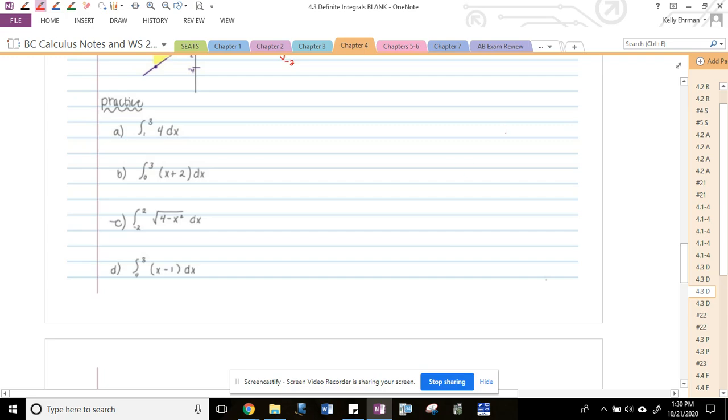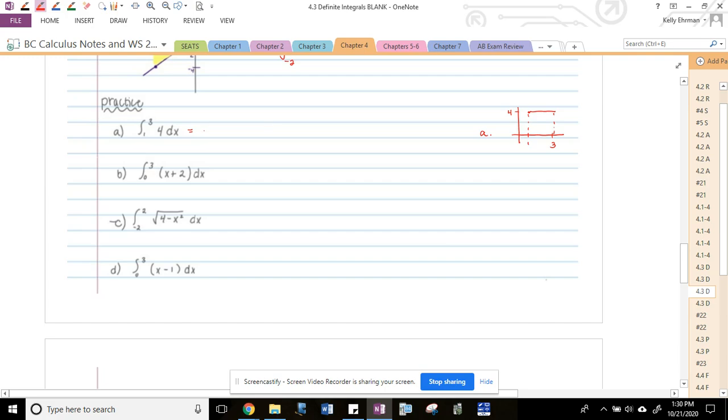So off to the side here, I'm going to sketch each little graph. I have a constant function, height of 4, that goes from 1 to 3. So its height is 4. It would be like a little segment like this. So we're looking at the area of a rectangle. I don't need any fancy formula for that. It's positive. I can see the base has a width of 2.